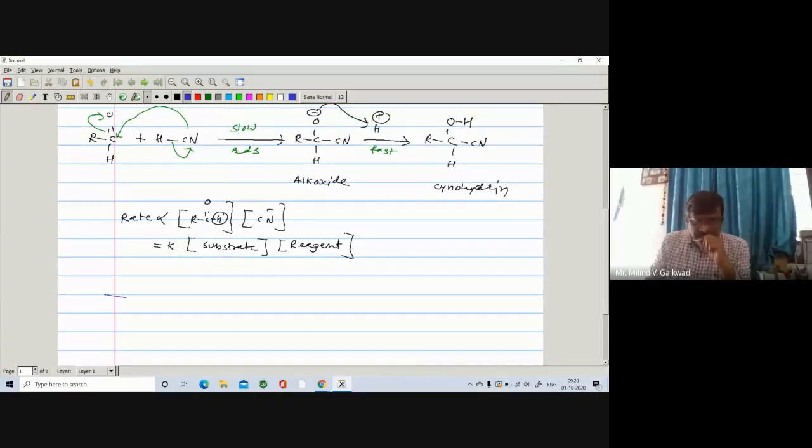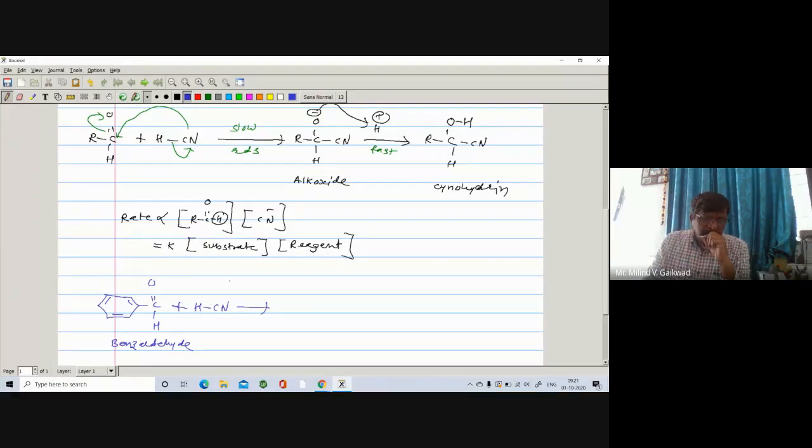Here is the benzene, with pi bonds. Just instead of R, there is a benzene nucleus. So it is called benzaldehyde. It reacts with HCN, hydrogen cyanide.